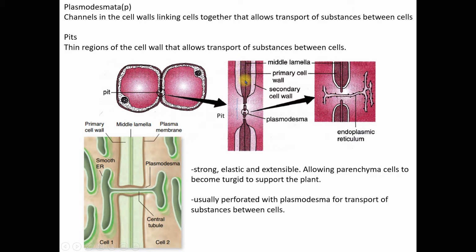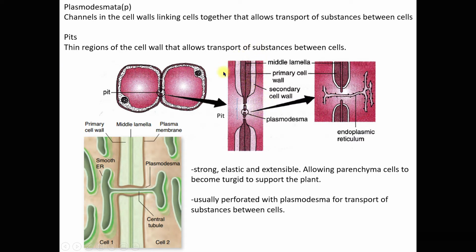They have a region where it is thinner compared with the other region of the primary cell wall. That thinner region of this primary cell wall is known as pit. And this pit has plasmodesma or plasmodesmata, being plural.